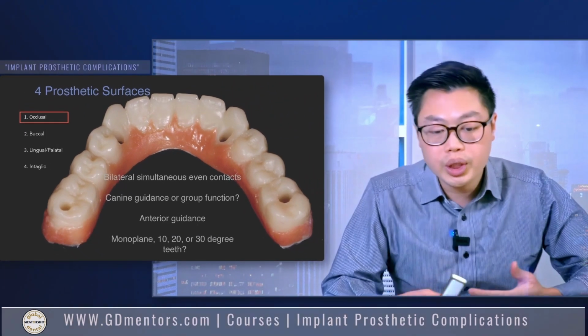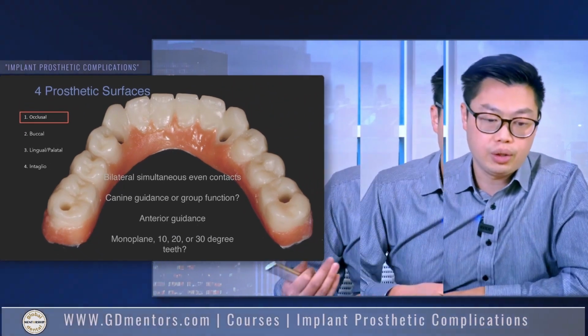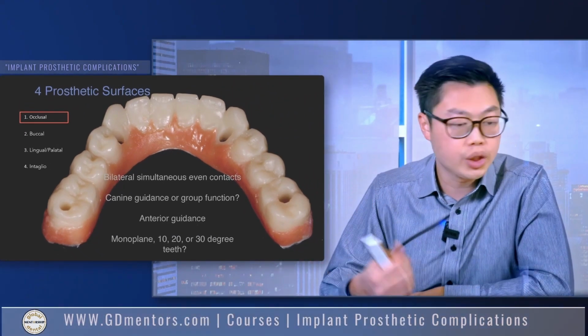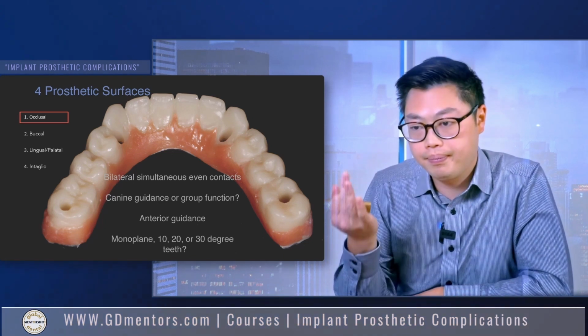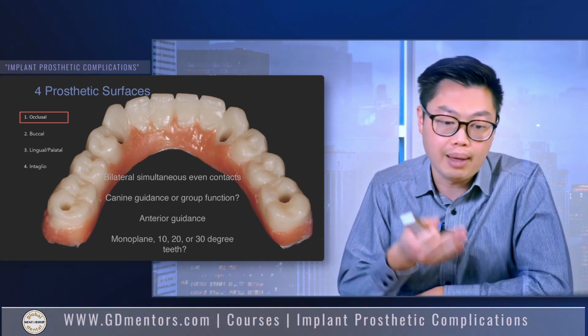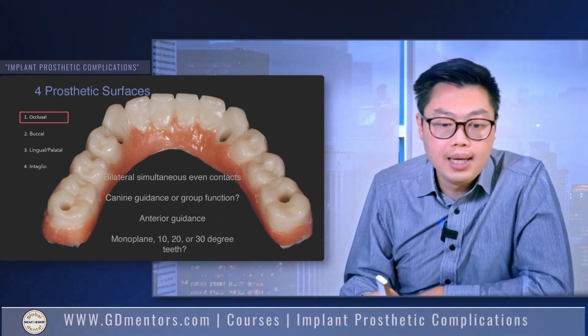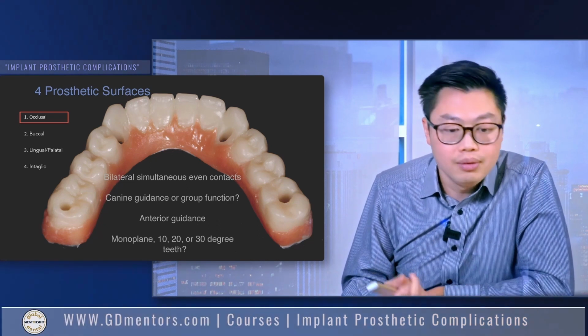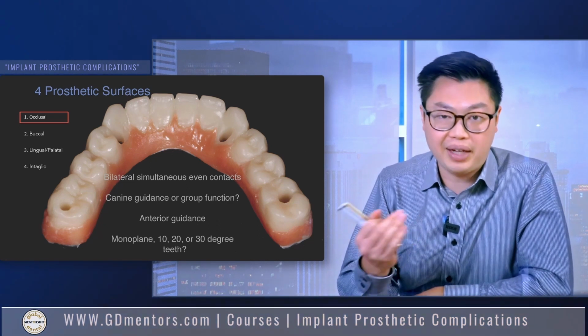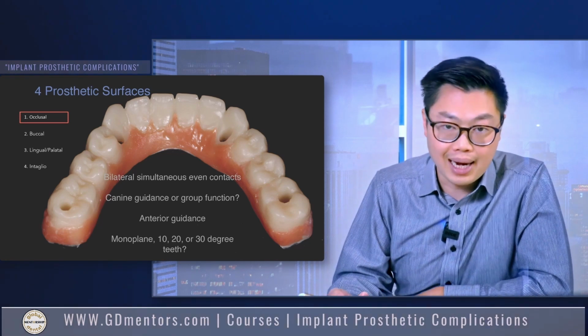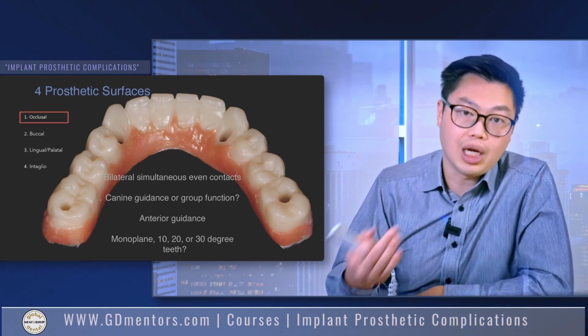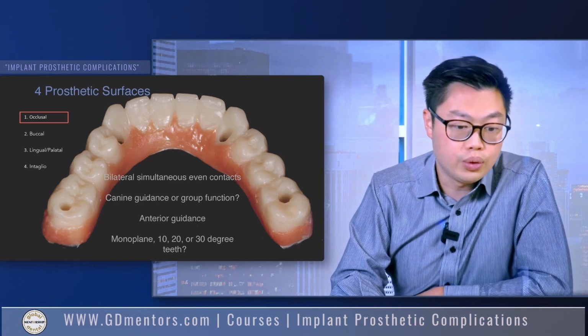So the occlusion is based upon the weaker arch. If the upper jaw is a denture, that's the weaker arch. The lower should be flatter teeth. It may be bilateral balance. If the upper teeth are fixed, you're treating the lower arch as a fixed case. You may want canine guidance. You may want more anatomical teeth. So that's the occlusal aspect.